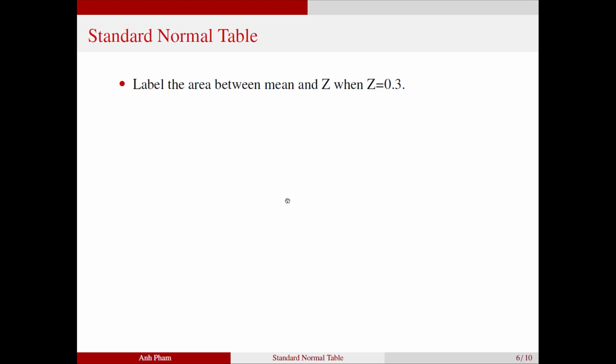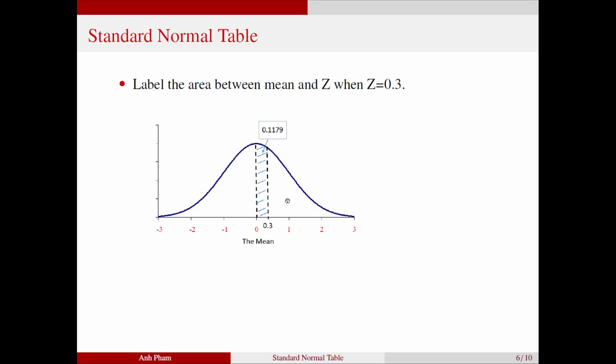So now, how do you label the area between mean and z when z is equal to 0.3? The mean is in the middle, or 0 standard deviations away from the mean, and this is 0.3 standard deviations away from the mean.